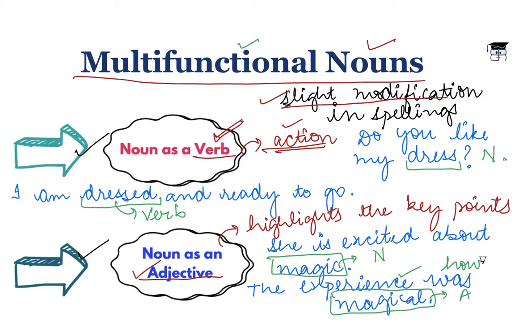We are getting to know about the how factor. How was the experience? This is a description. Magical is a description that came after a noun. So this is an adjective. But in the first sentence, the word magic is a noun. So this means that even the slightest modifications can result in the complete change of form in the case of nouns.